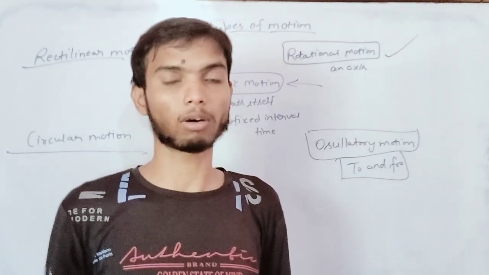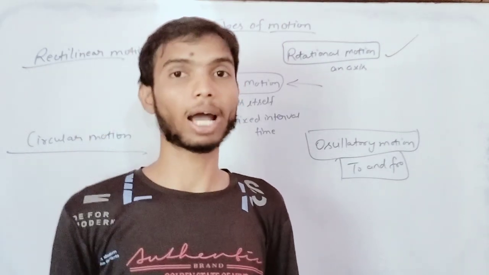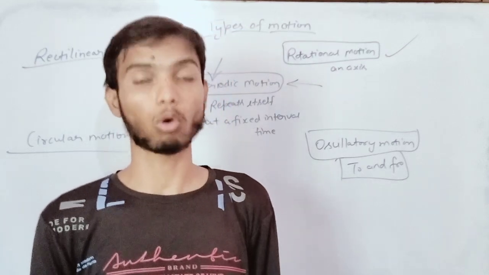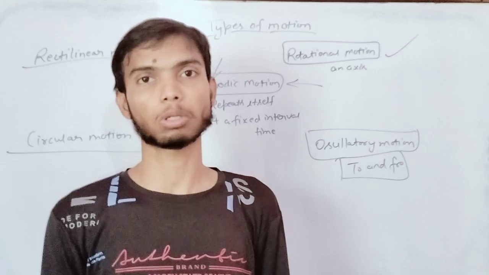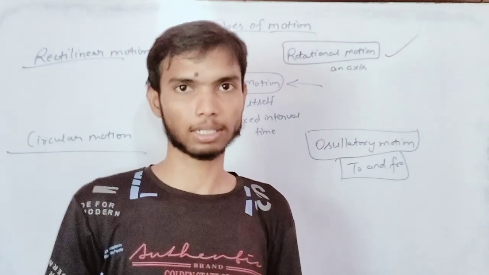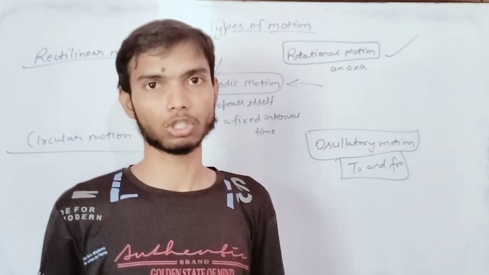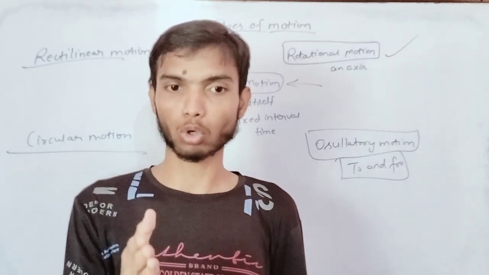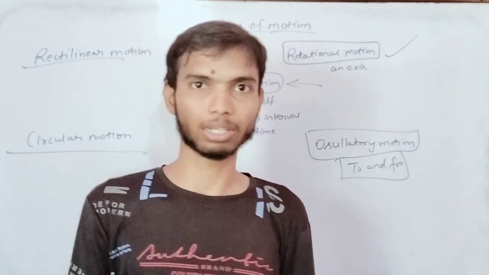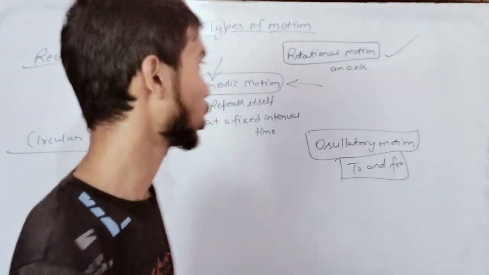You can take a watch. The minute hand of a watch is what? Periodic motion, because it repeats again and again. If you take the hour hand, you would say 60 minutes is the interval time.